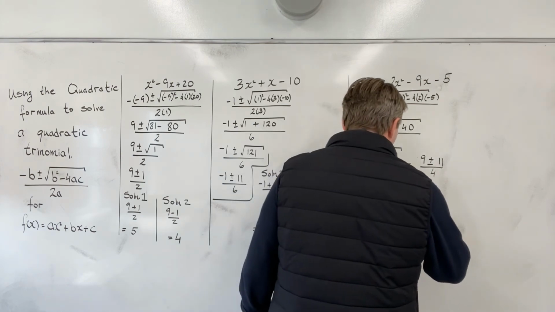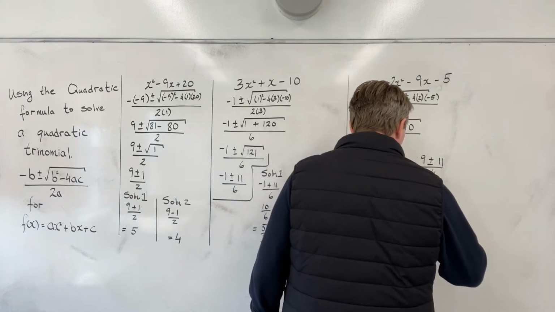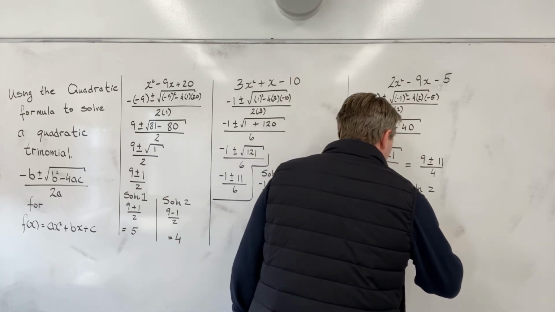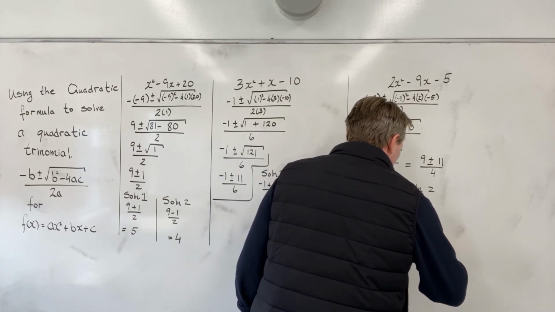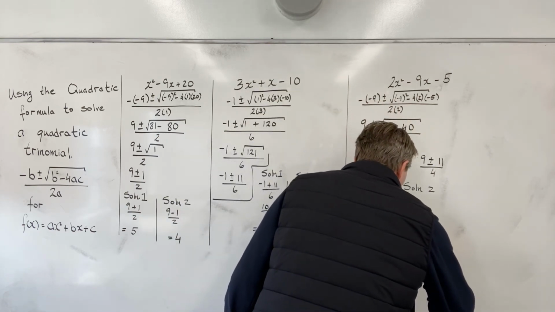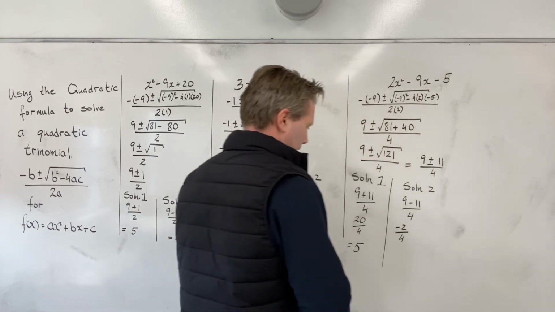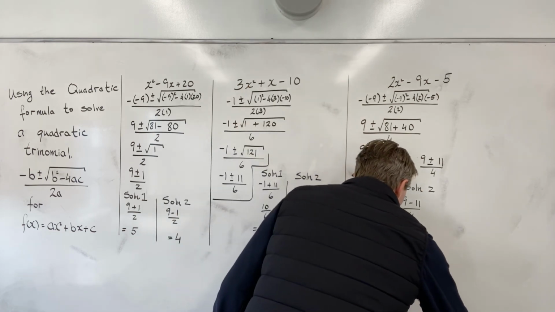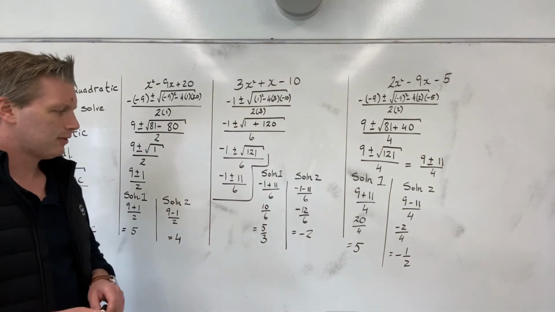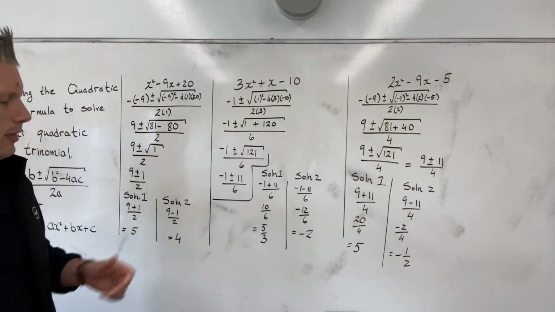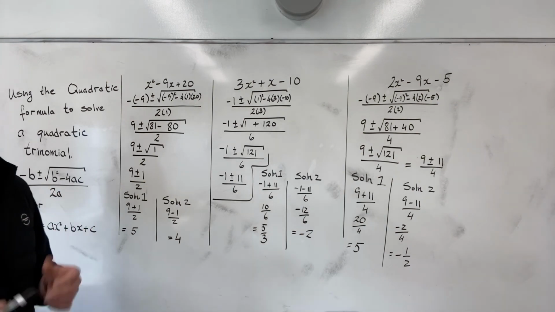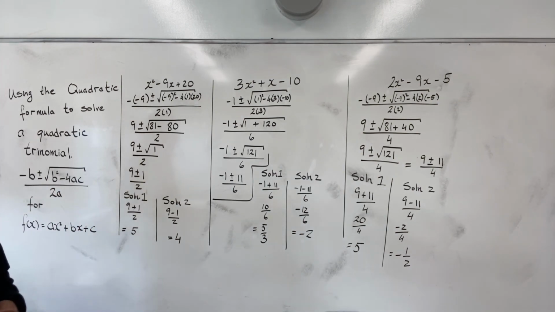My second solution is 9 minus 11, all over 4. 9 minus 11 is negative 2, all over 4. Negative 2 over 4 is minus 1/2. And that is my second solution. And so that's how we find, using the quadratic formula, the solutions, or the roots if you like, of a quadratic equation.